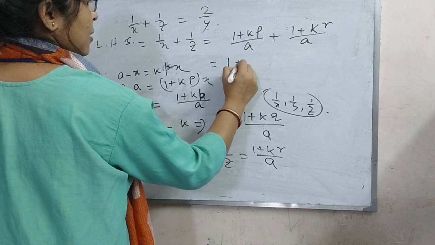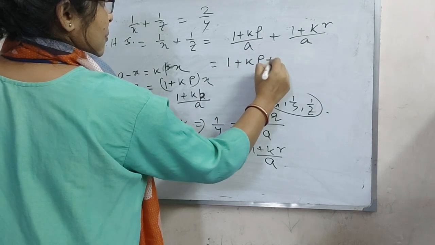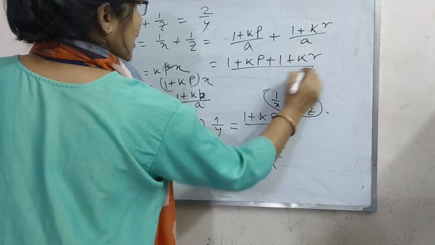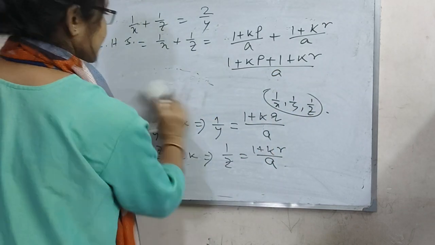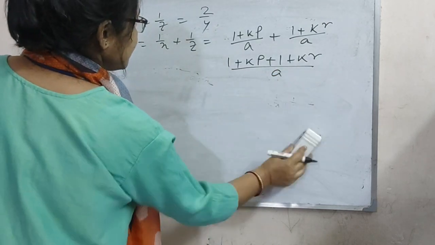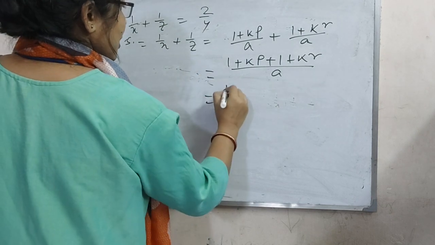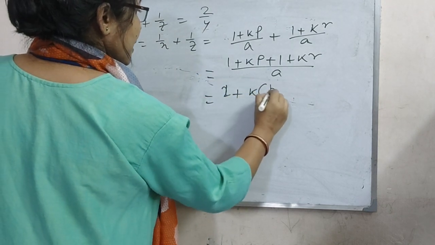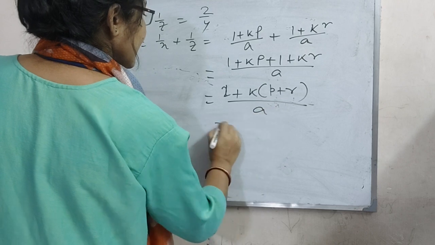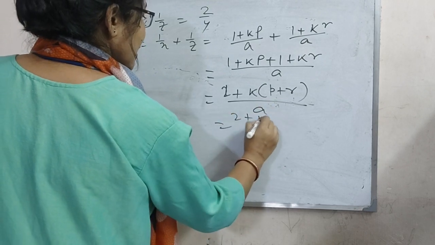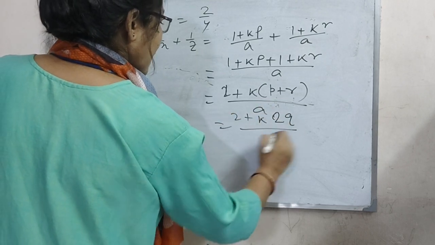So (1 plus kp plus 1 plus kr) by a. This equals (2 plus k times (p plus r)) by a. p plus r equals 2q.